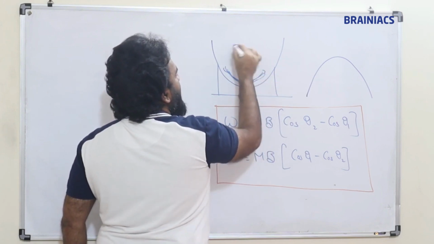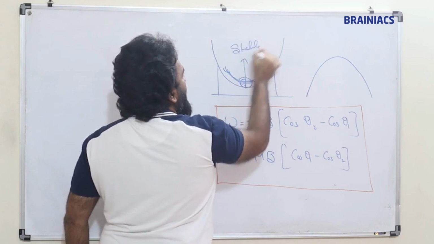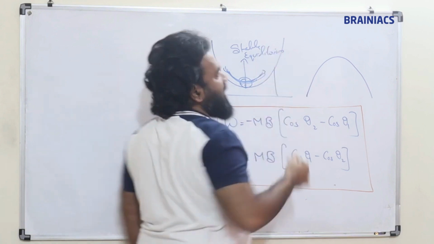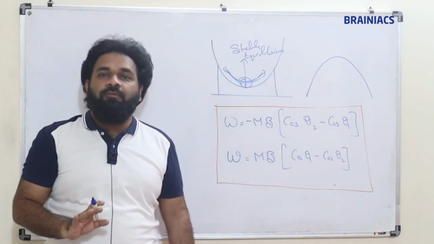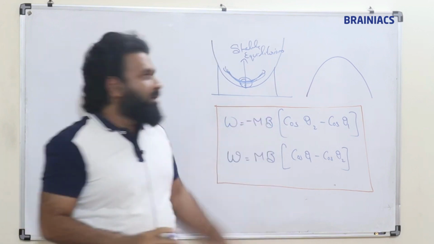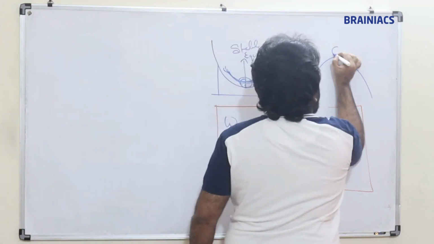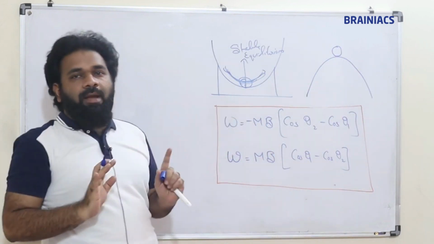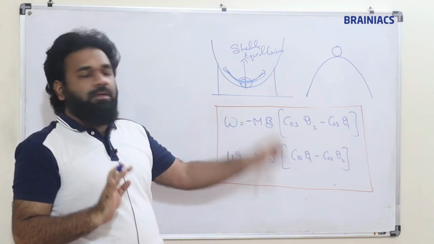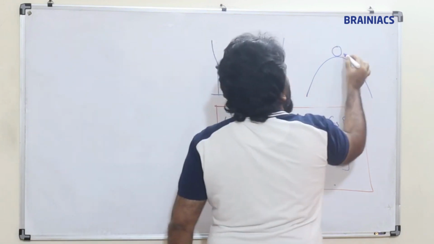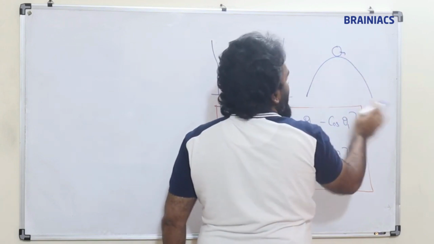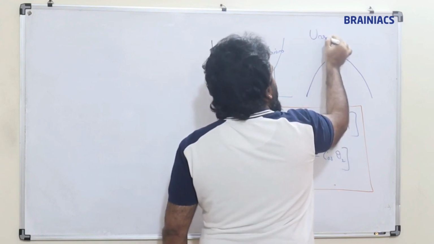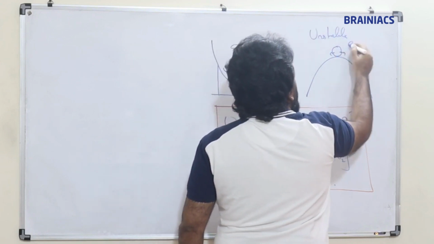So this position is called stable equilibrium. Stable equilibrium means net force will be zero. See, if I carefully keep a ball here, no force is acting on it. This is also equilibrium, right? But if I move it a little to this side, it will fall down. So this is equilibrium, but it is unstable equilibrium.